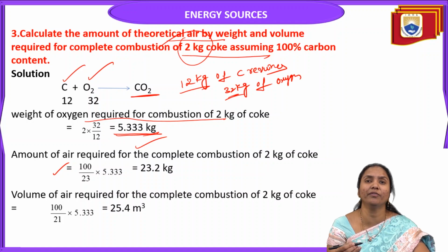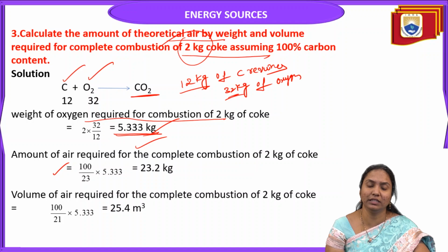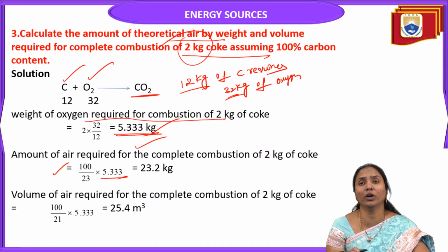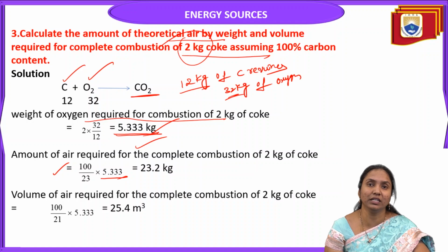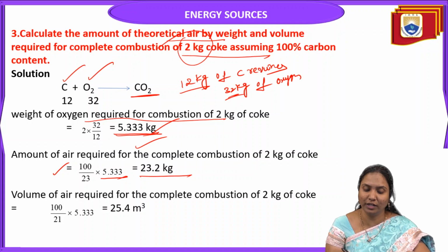Just now we calculated 5.333, so we substitute it here: 100 by 23 into 5.333. We get 23.2 kilograms. So the amount of air required for complete combustion of 2 kg of coke is 23.2 kilograms.